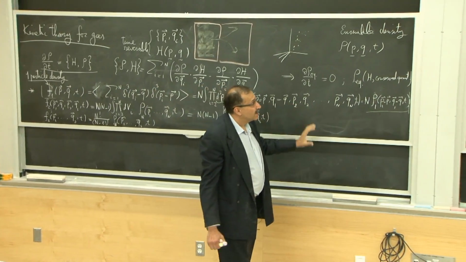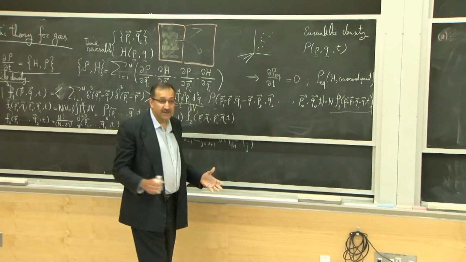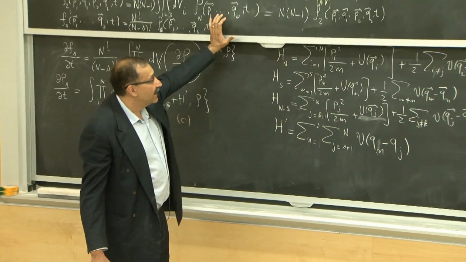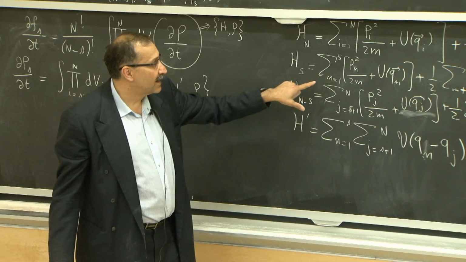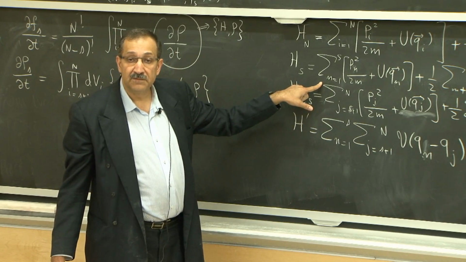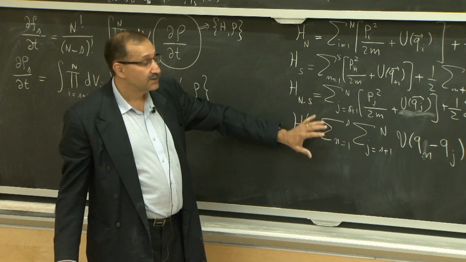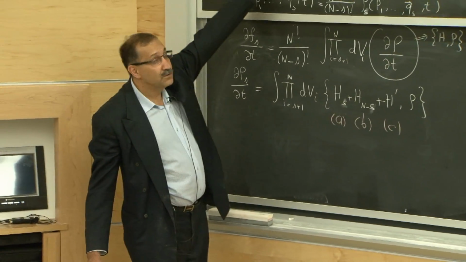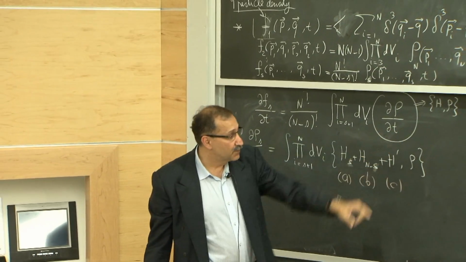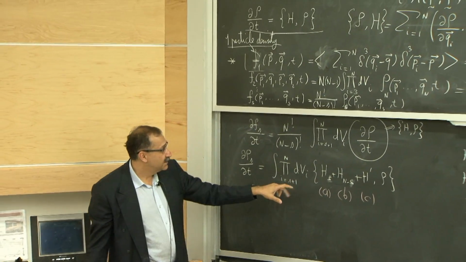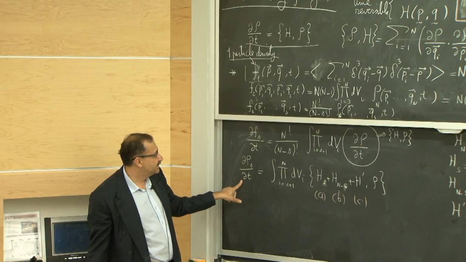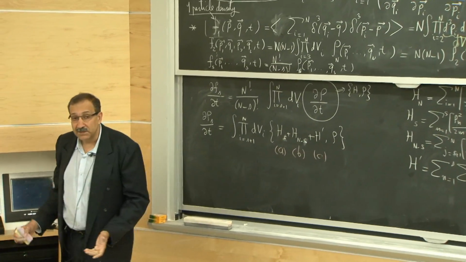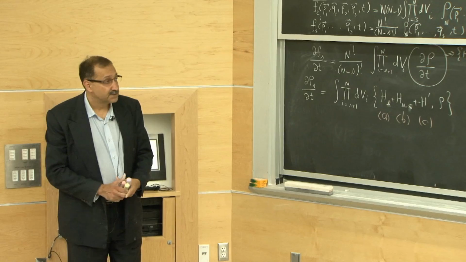Okay? Now, this is true if I have any number of particles. So if I focus simply on s of the particles, and they are governed by this Hamiltonian, and I don't have anything else in the universe, I should have the analog of the Liouville equation. So the term that I have obtained from this first term is simply stating that d rho s by dt, if there was no other interaction with anybody else, would simply satisfy the corresponding Liouville equation for s particles.